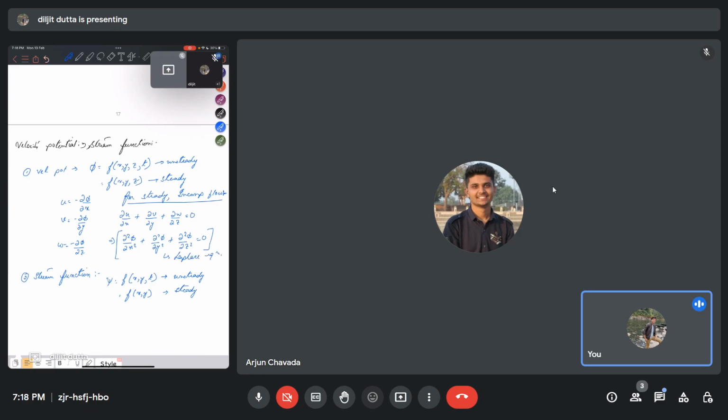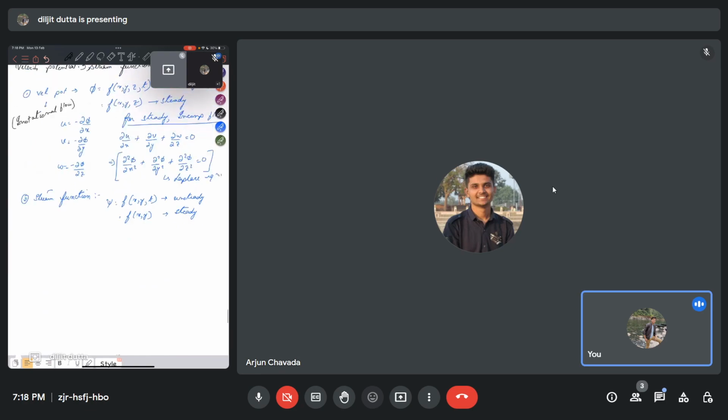And also one more thing, this velocity potential exists only for irrotational flow. This derivation has also been done in class, so I won't go into the derivation.